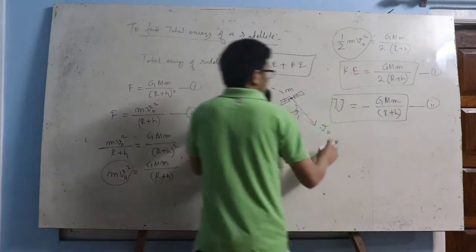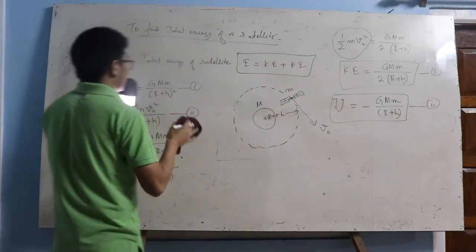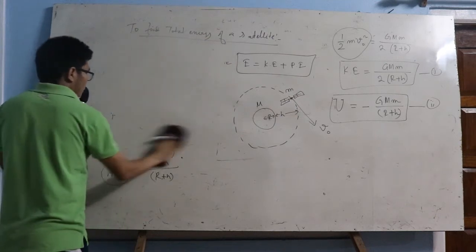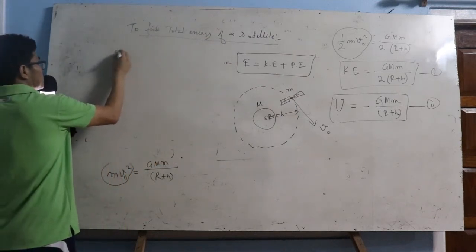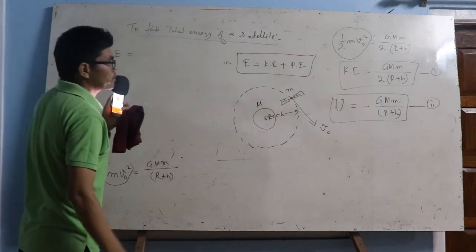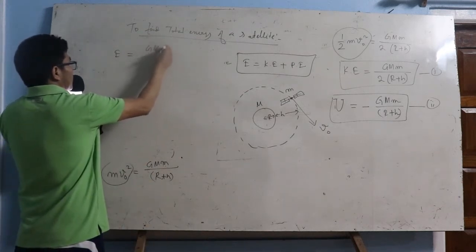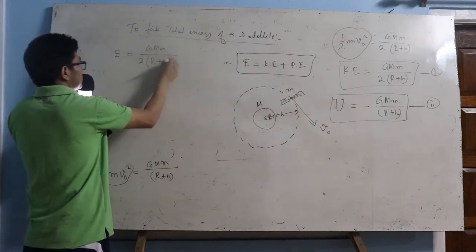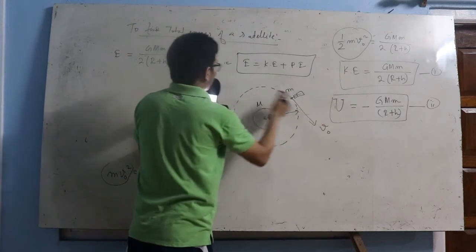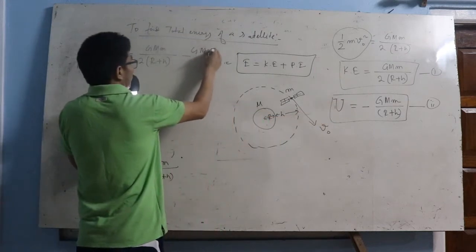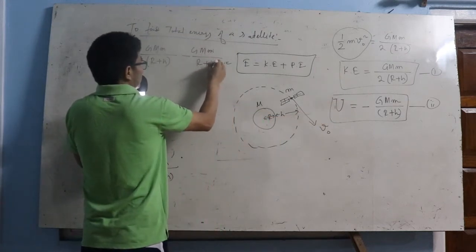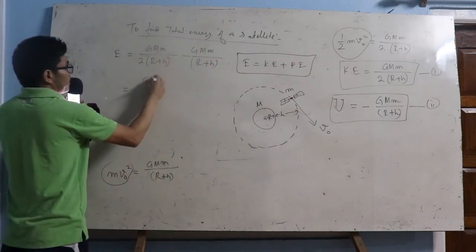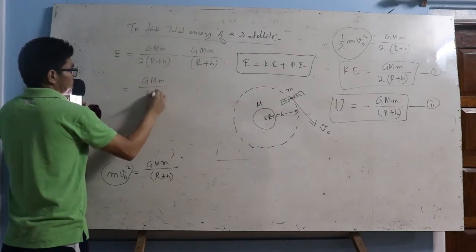So now put back in the equation of total energy. Therefore, total energy of the satellite, let us see what we get. Total energy of the satellite now should be equal to kinetic energy, gmm divided by 2 times of r plus h, plus minus will become minus gmm by r plus h. So you can take this gmm by r plus h common.